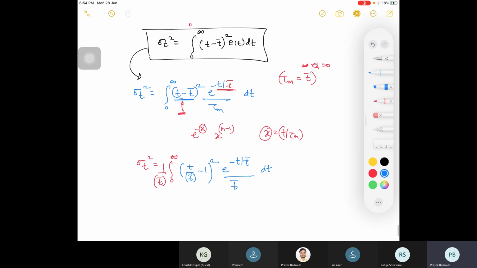Are you guys getting this? Can you replace your t by tau m or t by t mean by your x? Tuja?